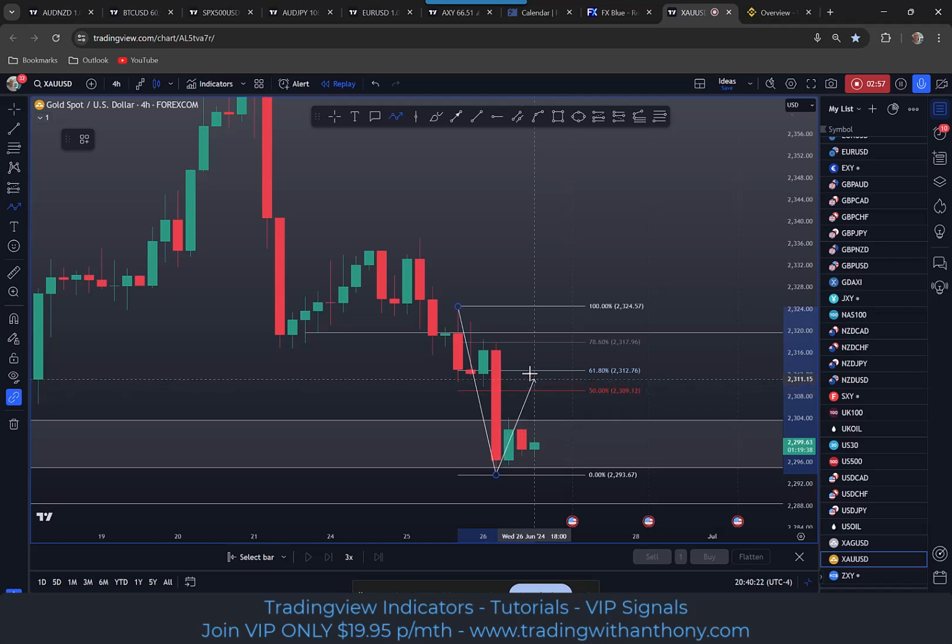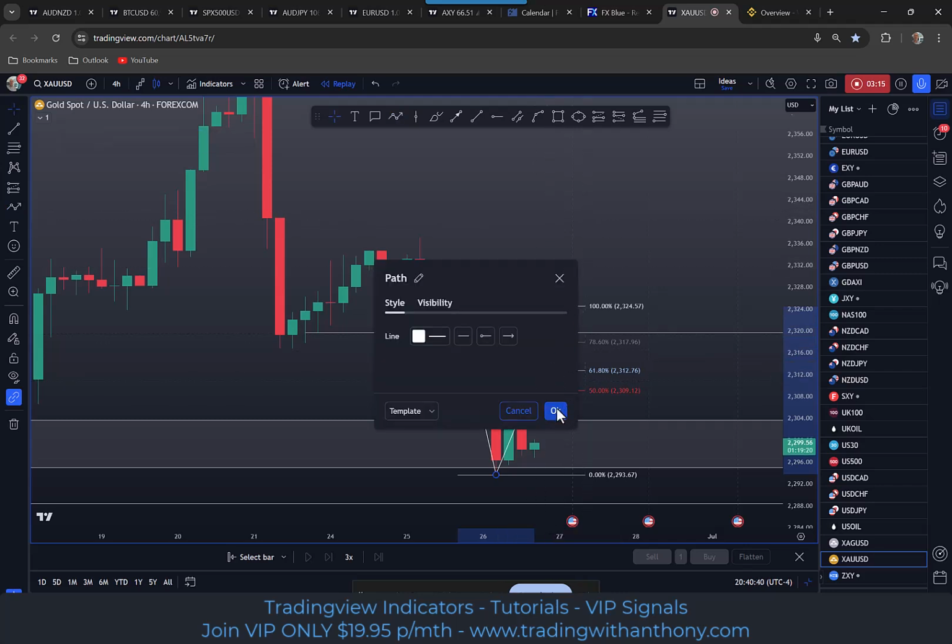It's got to move beyond this 50 for me to get interested, right? If it rolls over here and travels south, I'd let it go. But I'm interested in a sell if we move back up into these levels here.